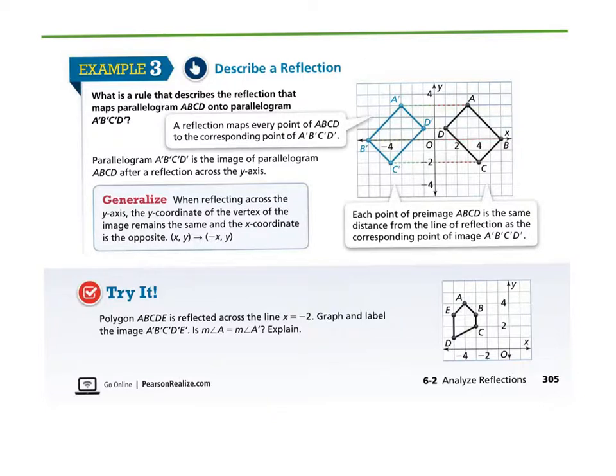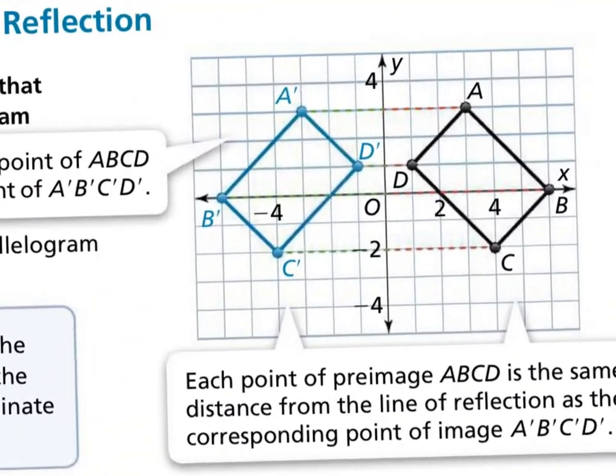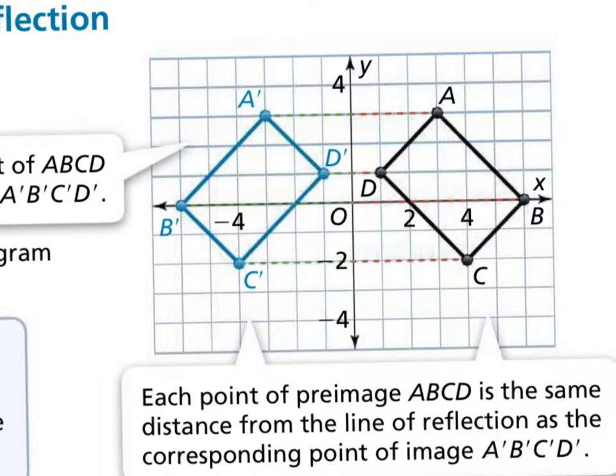If you look at example 3, they've got a reflection already done here, and they want us to describe what reflection happened. Pretty much our reflections at this point, either we're going to reflect across the x-axis or across the y-axis. This one, if you'll notice, is being reflected across the y-axis.